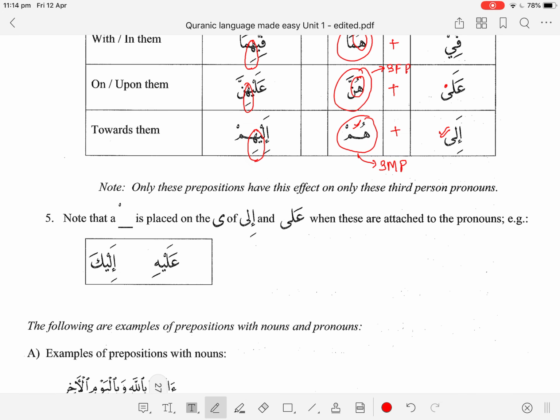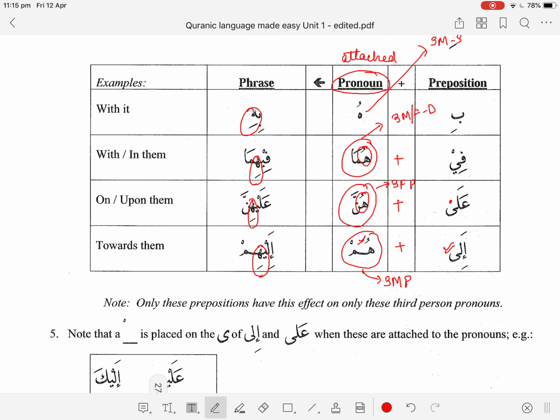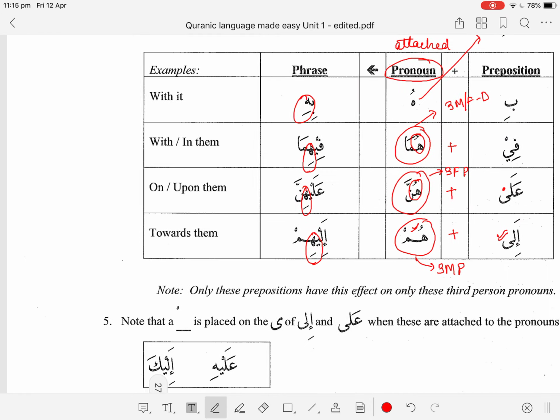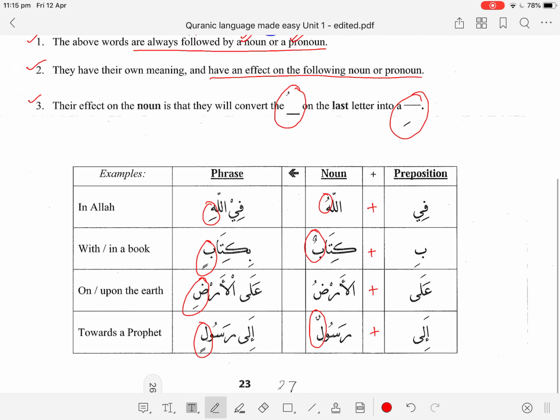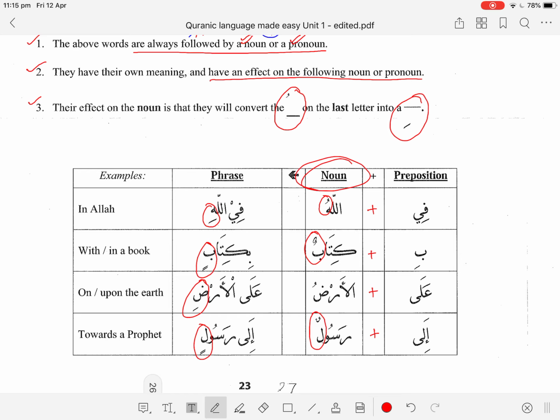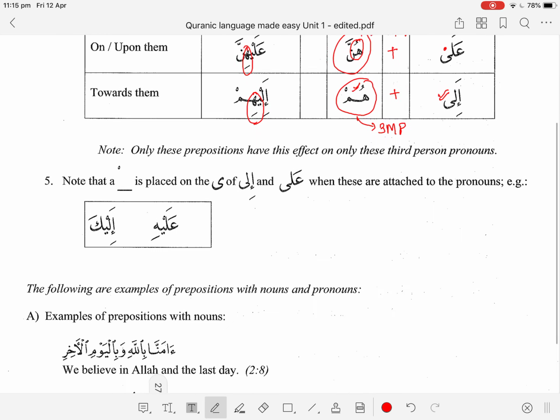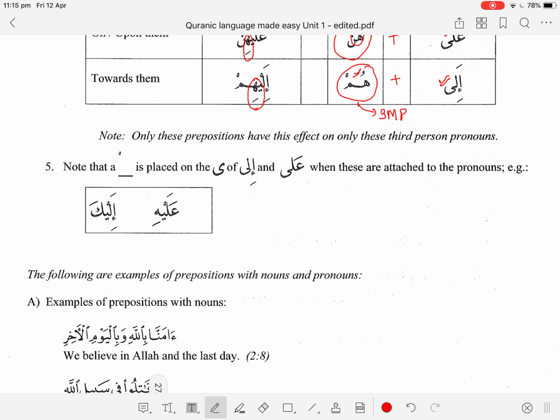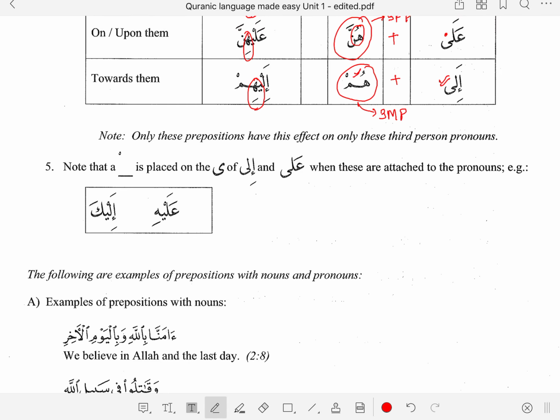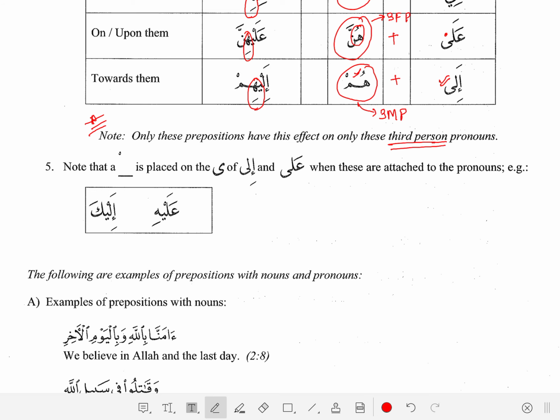So these are how these prepositions, these harf jarr, are connected to nouns. If you remember, these are how they are connected to nouns, and this is how they are connected to a pronoun. So an important pointer here, and this is very important, is that these prepositions have this effect when we are connecting them to the pronoun only on the third person pronoun, right?